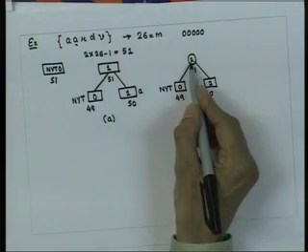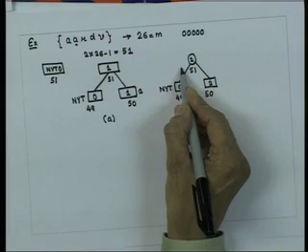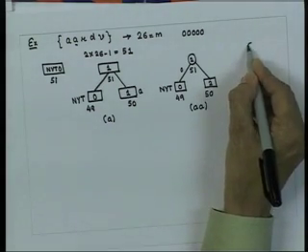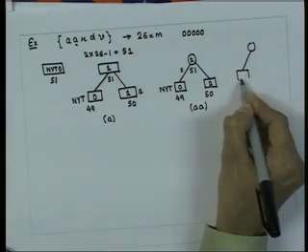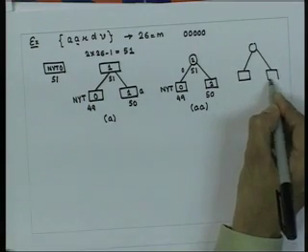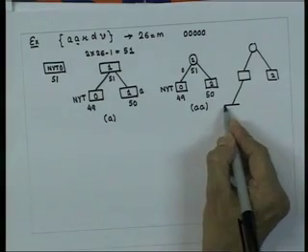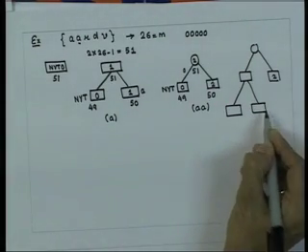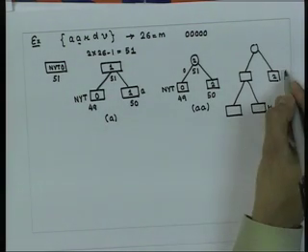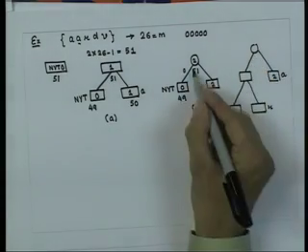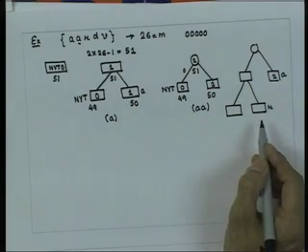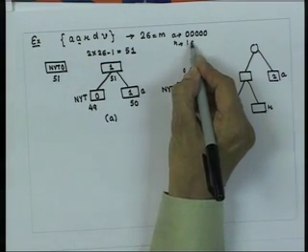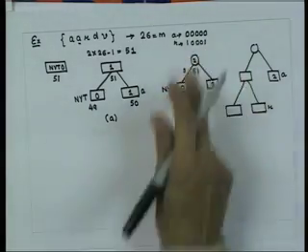So, we send the code word for the NYT, which is 0, followed by the index of R. If we do that, this will degenerate into a new NYT node and a terminal node for R. This is your R, A. So, we will transmit 0 and the code word for R, that is 10001. We will look at the encoding procedure a little later on.